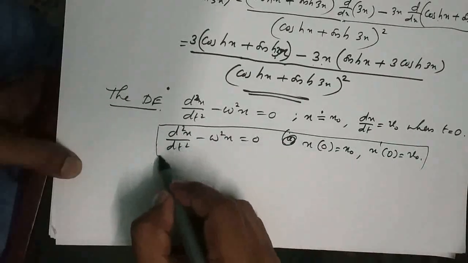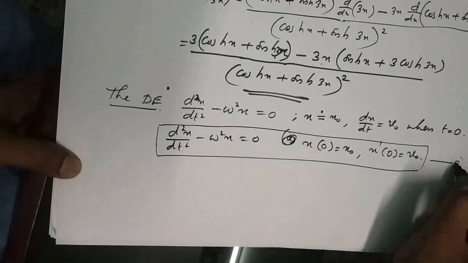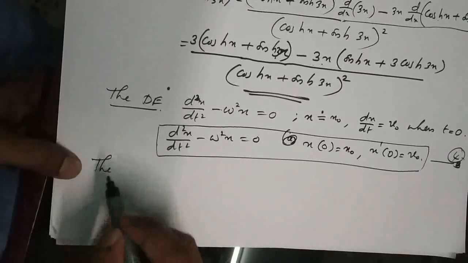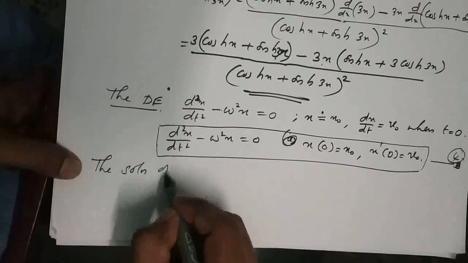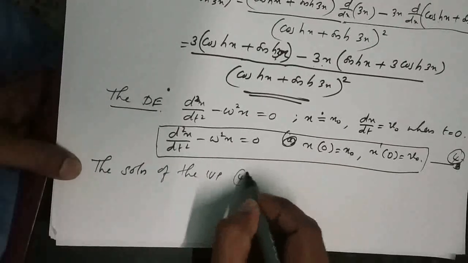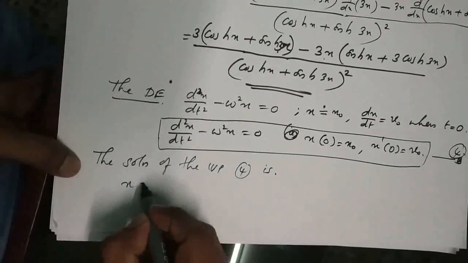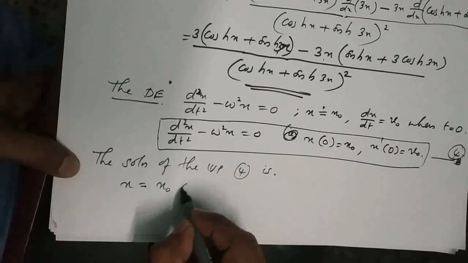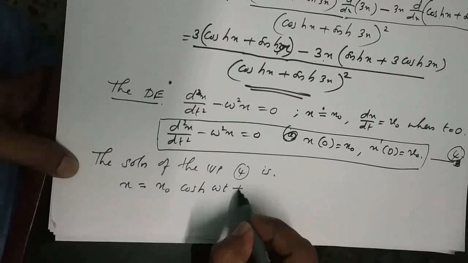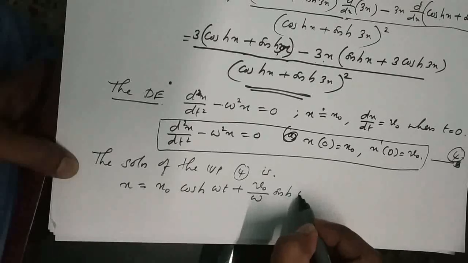Consider this initial value problem, number 4. The solution of this IVP 4 is x equal to x naught into cosh of omega t plus v naught divided by omega sinh of omega t.